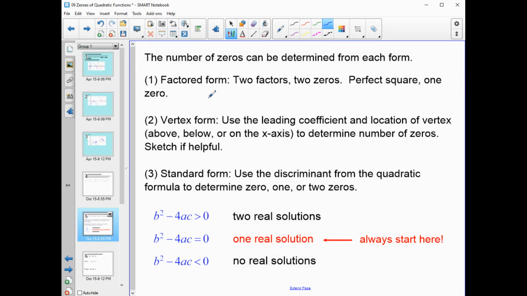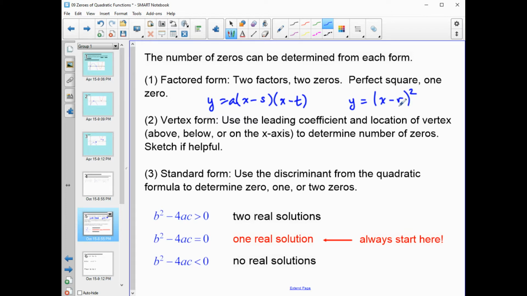So you can have a factored form that looks like this, where you have two distinct factors. Let's just say x minus s and x minus t, and I'll put an a in front. I have two zeros here, and they're distinct from each other. Or you can have a single zero where I'll say x minus r, all squared.